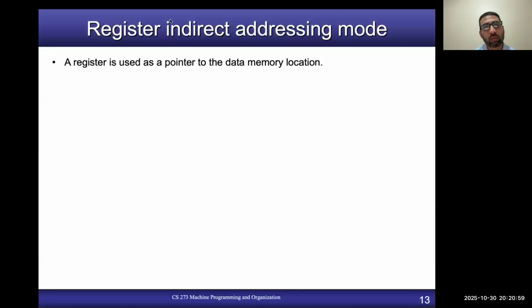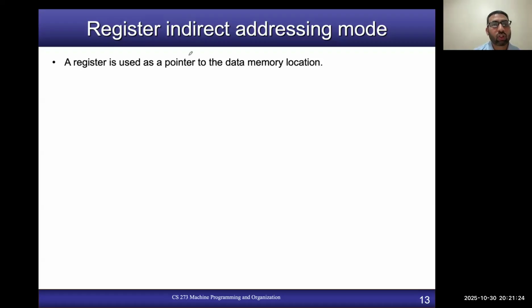You can write in the chat box. Anyone who doesn't know what is a pointer to a memory location? Okay, it seems everyone knows what a pointer is, so I don't need to explain.